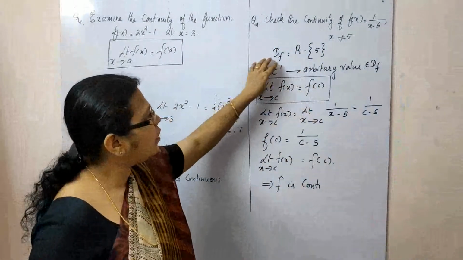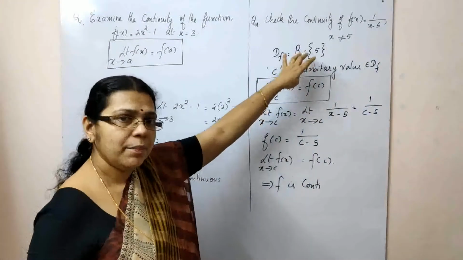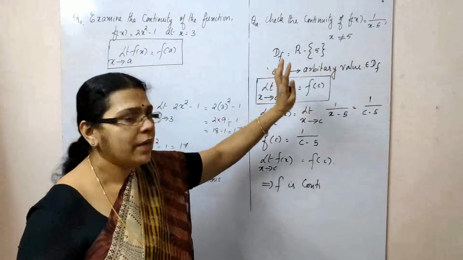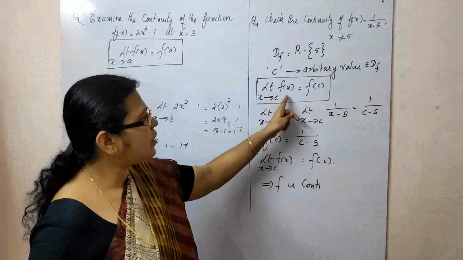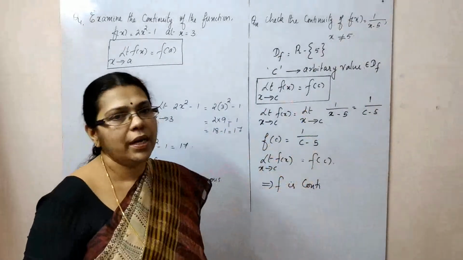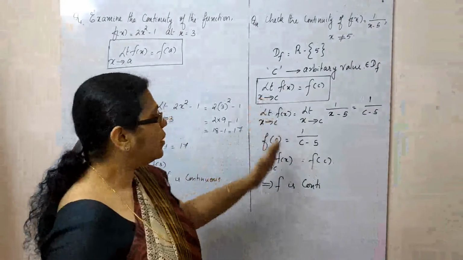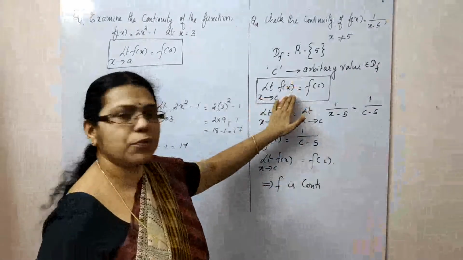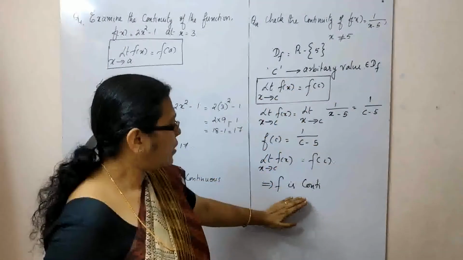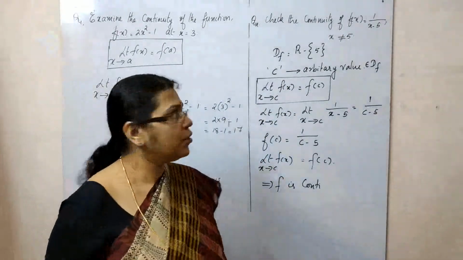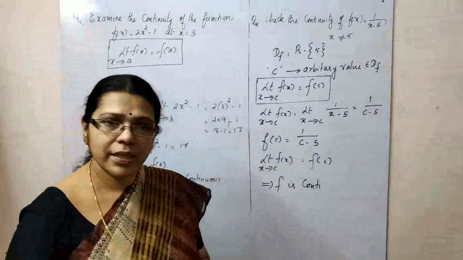So, I have taken the domain as set R minus set 5 because it is given. Now, I have seen that the limit x tends to c of f of x is equal to f of c for any value c which belongs to the domain of the function. This statement is true. So, I have seen that f is continuous.